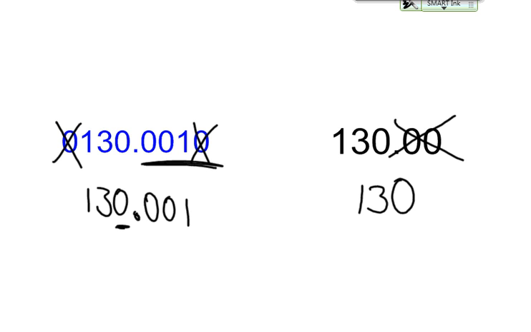So understanding when zeros are important and when they aren't, sometimes we can see it once we start doing the work. If we add these two decimal numbers together, 5 plus 5 gives us 0 goes down, 1 goes up. 1 plus 4 is 5, plus 5. 0 goes down, 1 goes up. Decimal goes straight down. 9, that's a 0, a 1, add them together, and we get a 6.